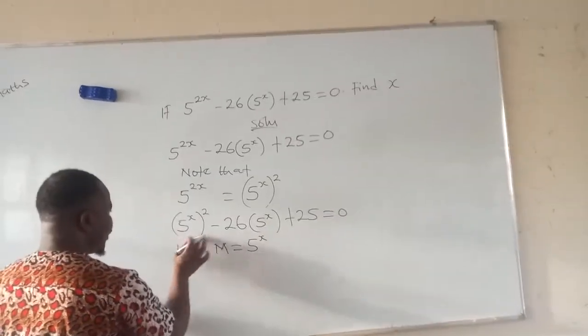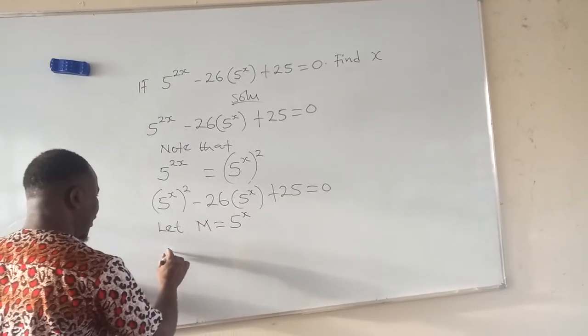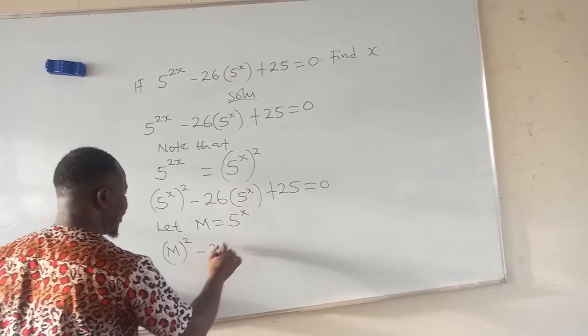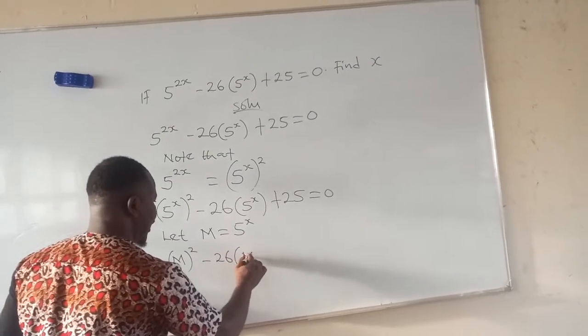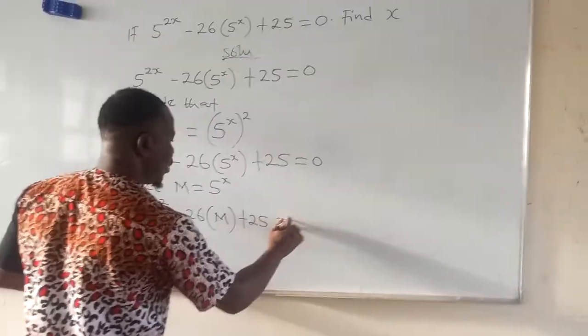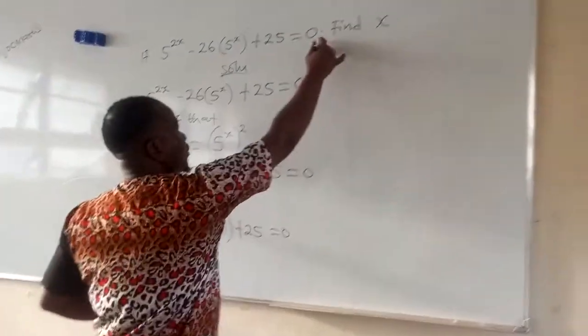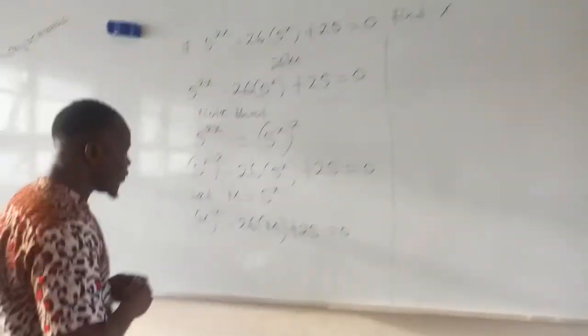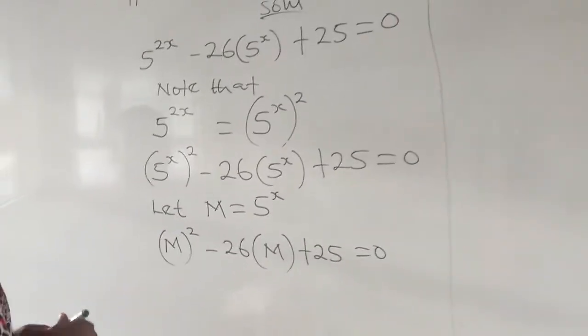So this first bracket will now be m all in bracket raised to the power 2, minus 26 all in bracket m, plus 25 equals 0. Do you agree with me? Now let us open the bracket.